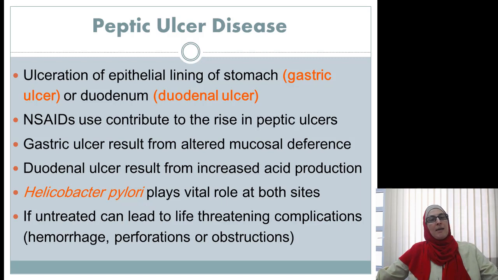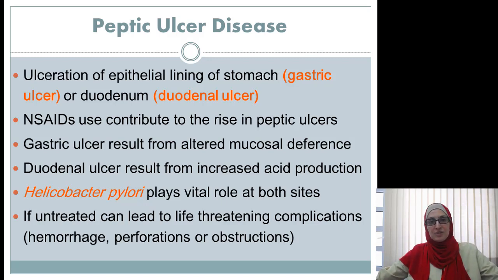So when there is a problem in reducing the acidity of the chyme, or when the chyme is far more acidic than it should be, the acidity would not be buffered by the products produced within the duodenum. In this case, it will remain acidic and it will lead to ulceration of the duodenum. So acidity is the main problem.